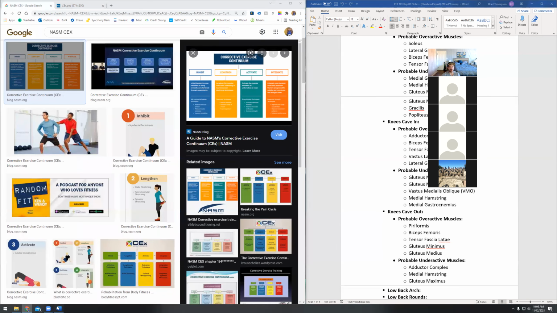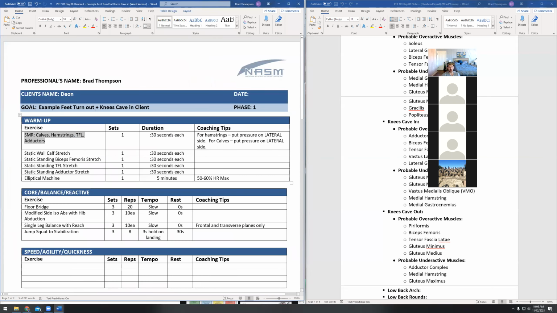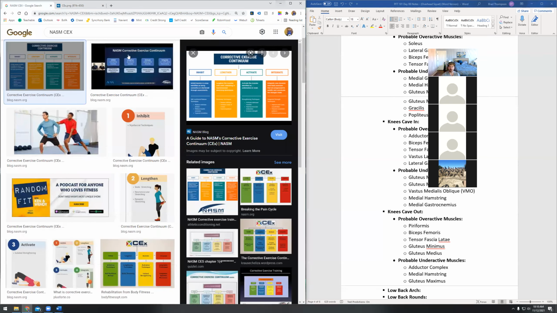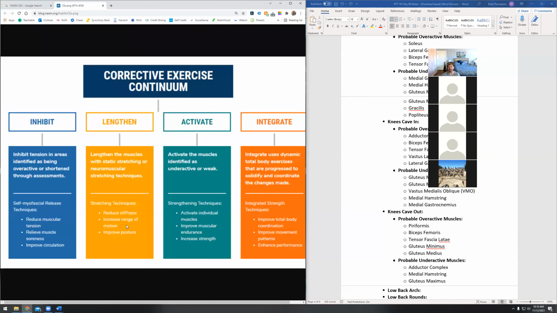Now, since we've gotten through that, the next thing we're going to move into, you'll notice that I've got all these specific stretches listed out, right? A little bit of a static calf stretch, a little bit of a static biceps femoris, TFL, and adductor stretch here. So these are all stretches for the same muscles, and I've got them as static stretches. So that's the lengthening section. We inhibit first, we lengthen second.